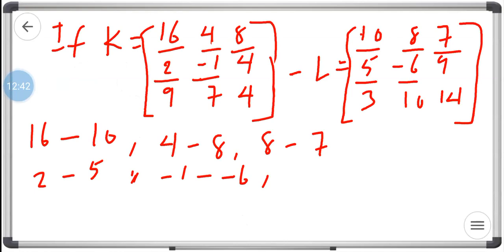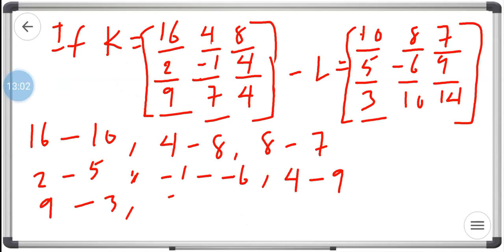Then here, a23 here, that's 4, minus a23 here, that is 9. We are through with that row. Now the next row, a31 here, that is 9, minus a31 here, that's 3, comma a32 here, that's 7, minus a32 here, that's 10, comma a33 here, that's 4, minus a33 here, that is 14.